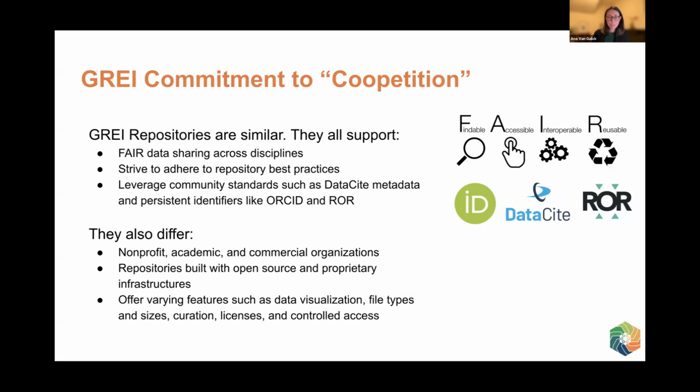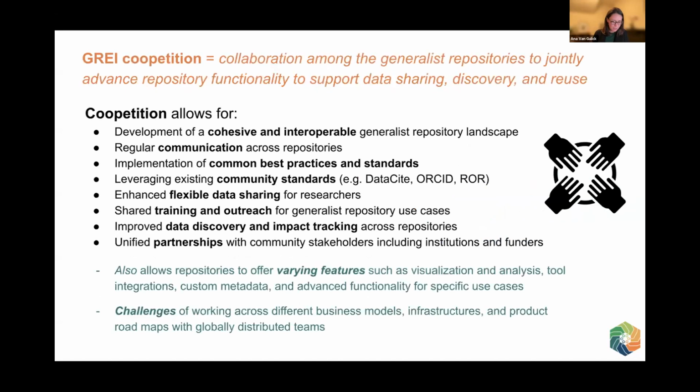However, there are also some differences across the repositories. They include nonprofit, academic, and commercial organizations. Some of us use open source infrastructures, and others use proprietary code bases. And we offer an array of different features and support different use cases: data visualization, different file types, different licenses, variations in how we do curation, or if we offer controlled access options.